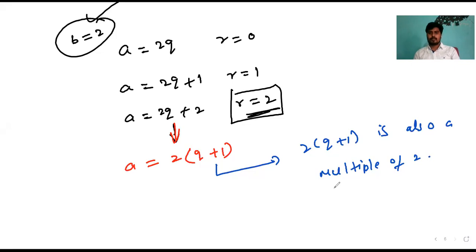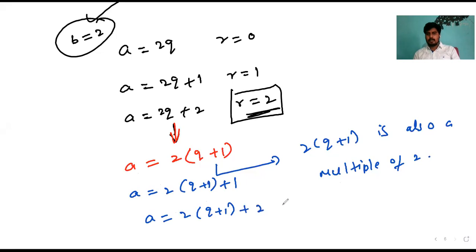Yes? Any doubts? Suppose you continue further, a is equal to 2q plus 1, next one plus 2, right?